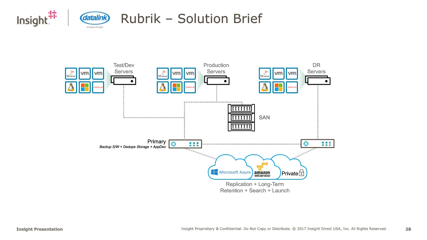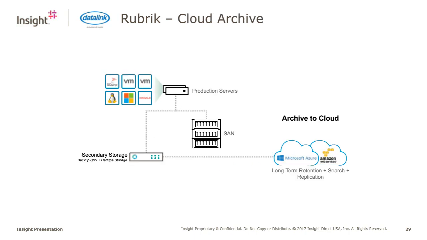And as you see in this drawing, we see a couple bricks, one being at a DR site, one being on our primary site that maintains our workloads, and the ability to leverage the cloud from a replication standpoint if we need long-term retentions, as I mentioned about search, or launching VMs or instances there. To dive into a little bit further detail, Rubrik also has this capability of being able to tier out their data.